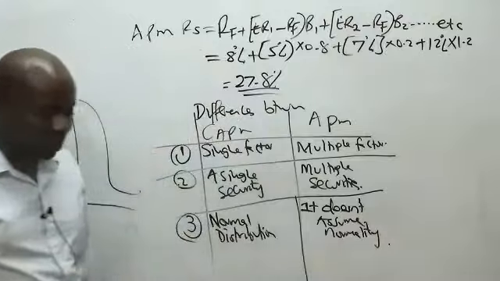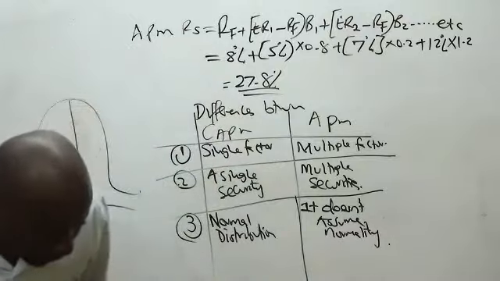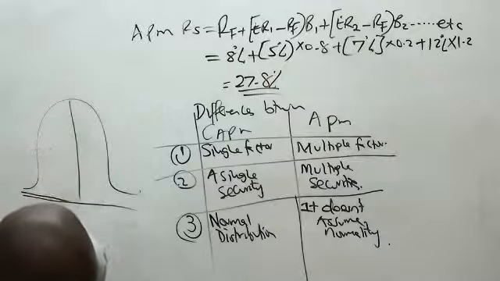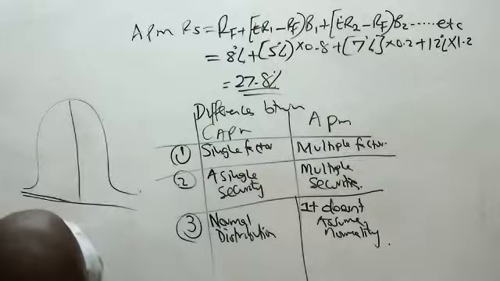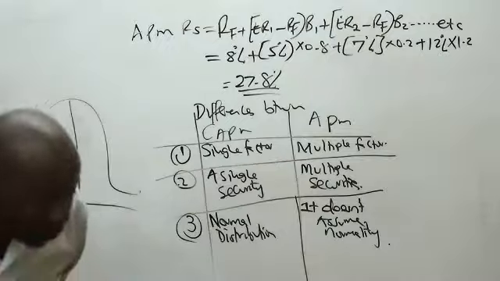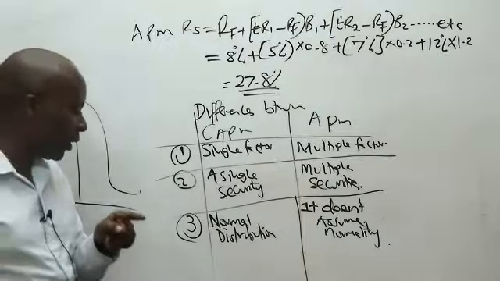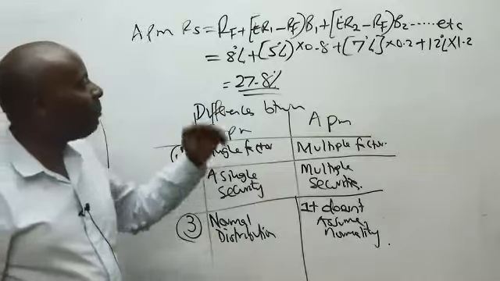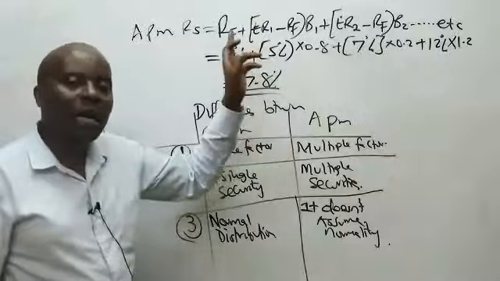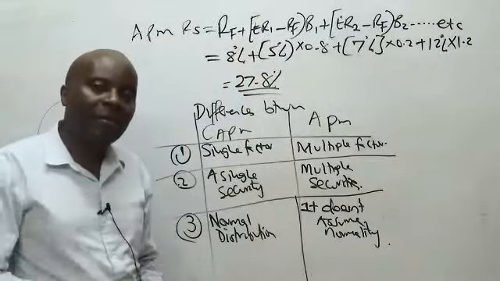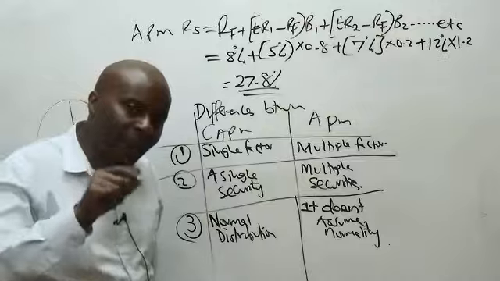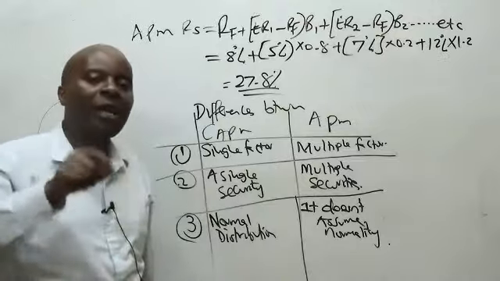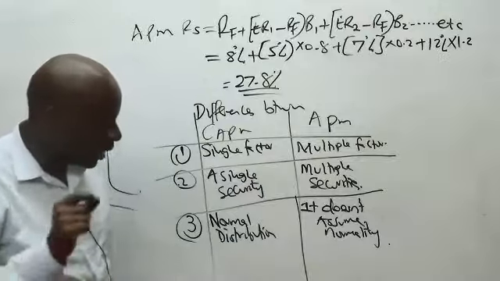Any other answer? I'm only getting these answers from one student. We have: CAPM uses the utility curve to determine the utility of investors. I've understood that must be a student who is really reading. What this student is telling us, ladies and gentlemen, is that CAPM needs us to identify the market portfolio.